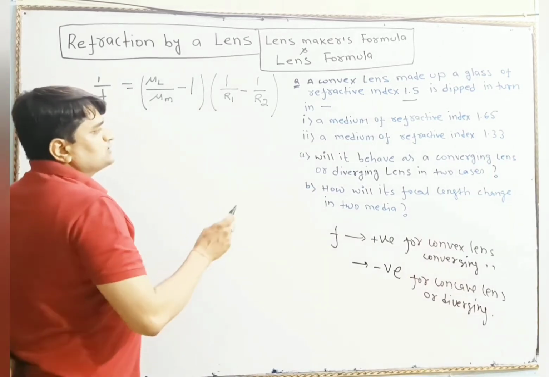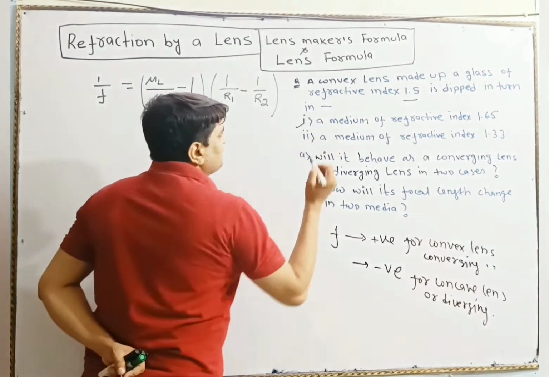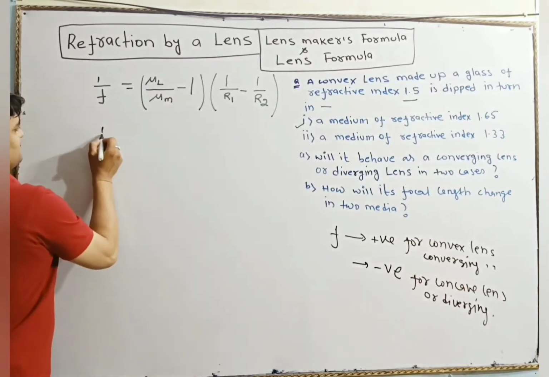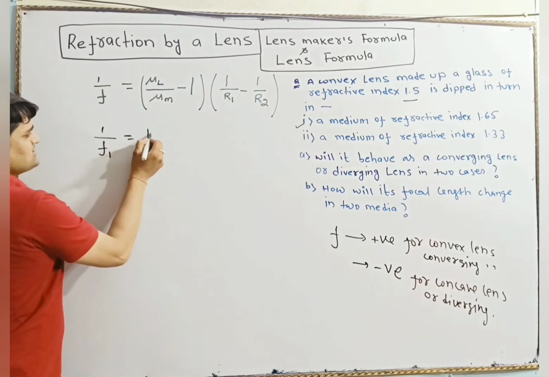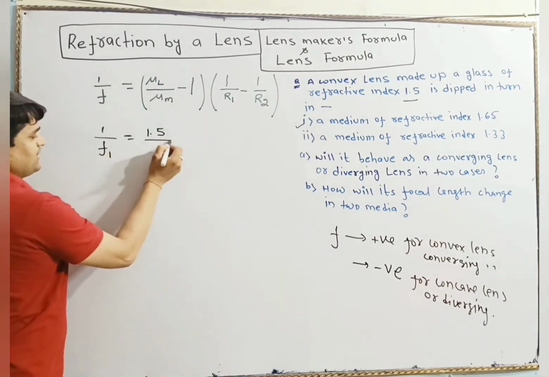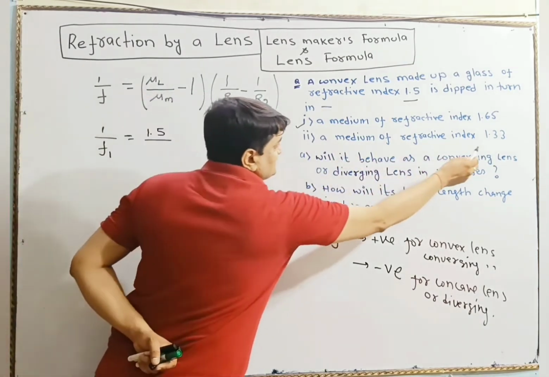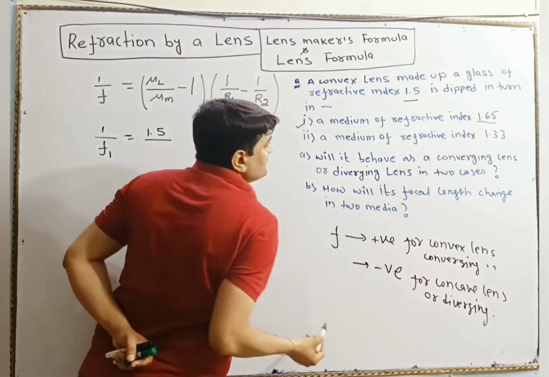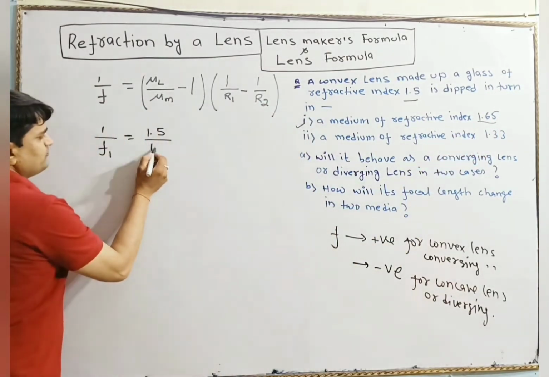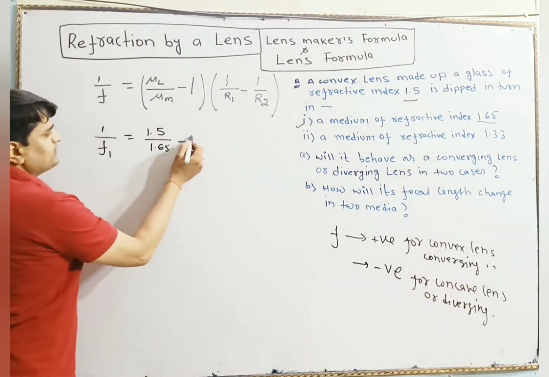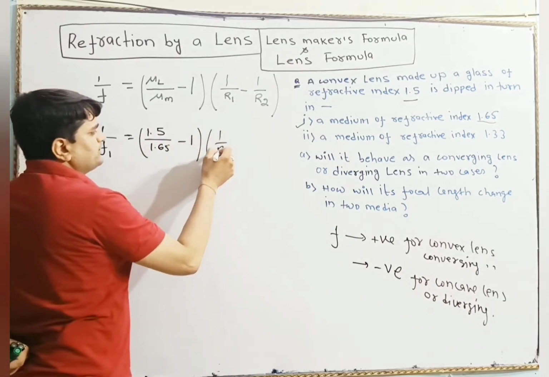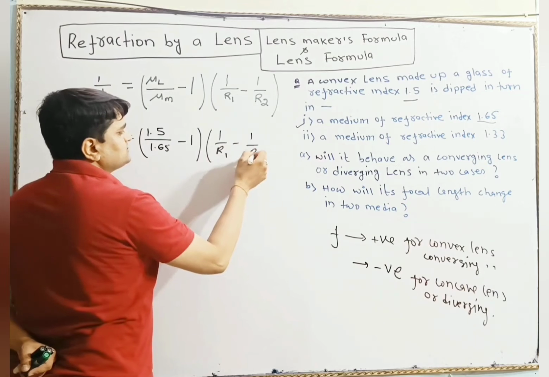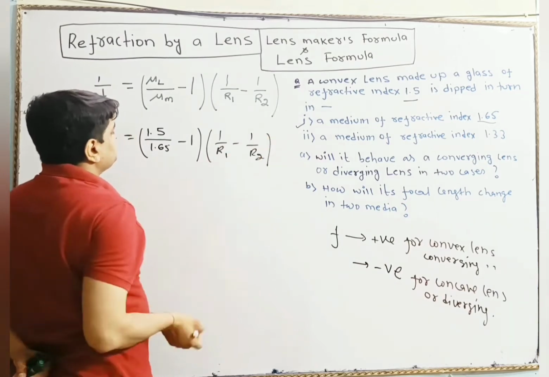Now see the first case. It will be 1 upon f1 equal to (1.5 upon 1.65 minus 1) times (1 upon R1 minus 1 upon R2).